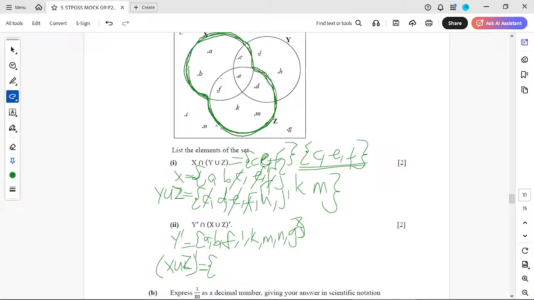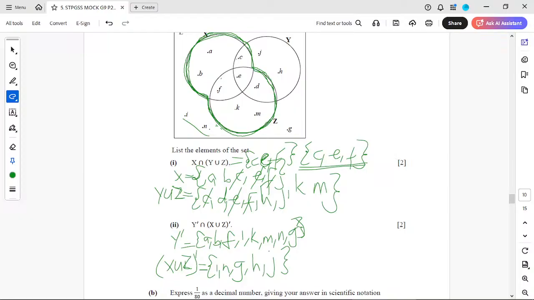So first we need to identify those elements. We have I, N, then H, and J. There are five elements in this set.